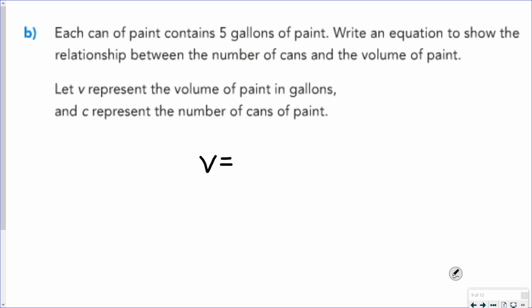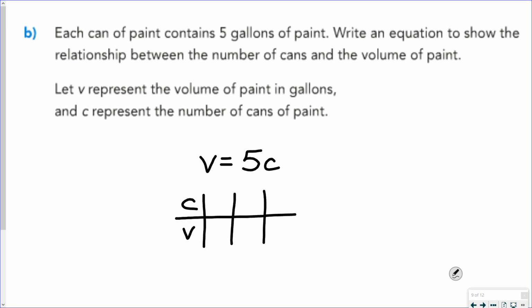And for each can, we have 5 gallons of paint, so our volume would equal 5 times C, 5 times the number of cans. We make our table of values. Our independent variable is C, so that goes on top. Dependent is V, so that goes on the bottom. And again, we need a minimum of 3 sections. We're not given any values for C, so we can use our own.